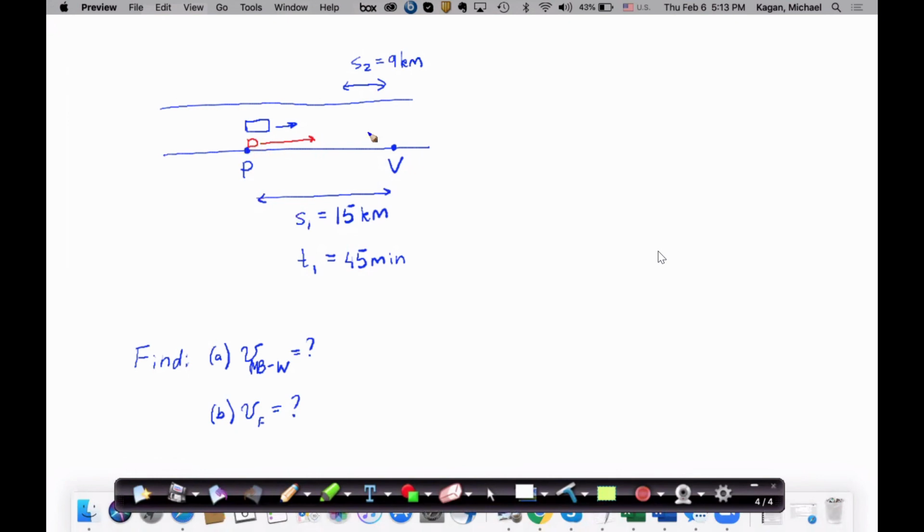So first it goes down the stream, hits the village, turns around, starts going up the stream, and meets the barge again. So by the time it does that, barge will be somewhere here. Yeah, so the barge just goes with the speed of the river. Okay, flow.